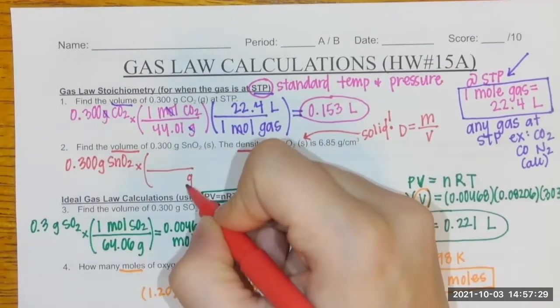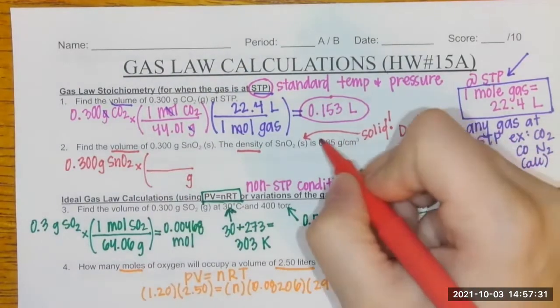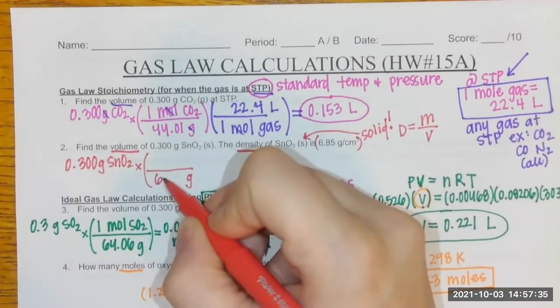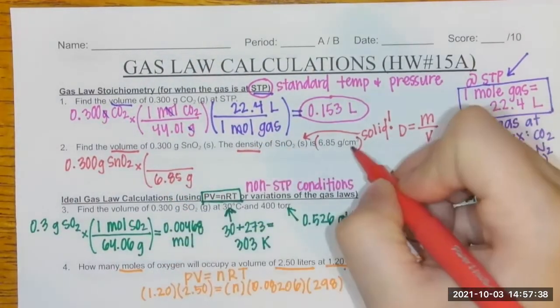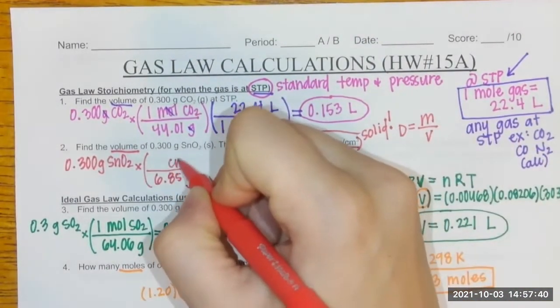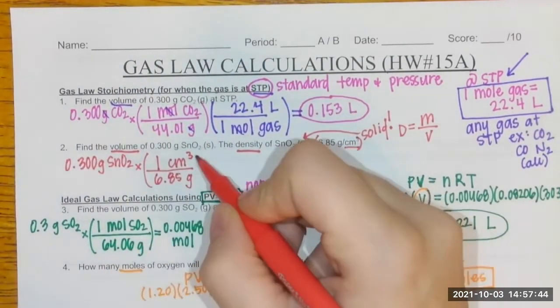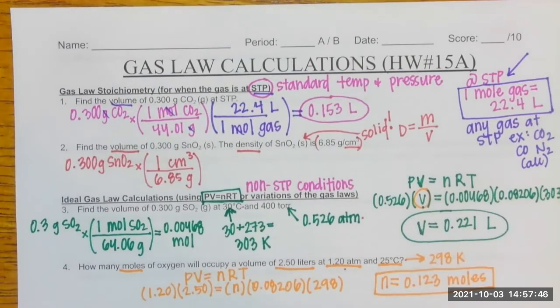Grams on top means something with grams on bottom. I'm thinking this is our conversion, that there's 6.85 grams in a cubic centimeter of this substance. What is it? Sn is tin oxide.